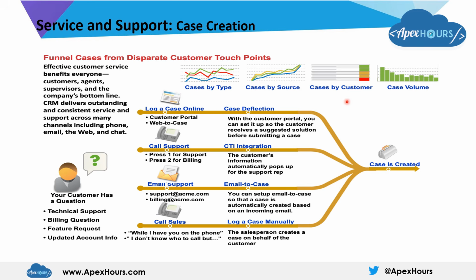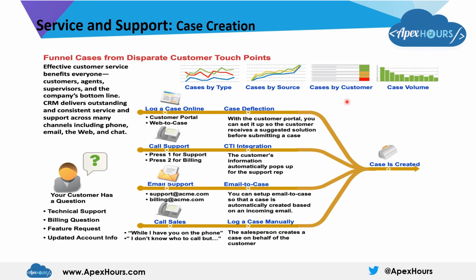This helps to understand how many cases were created by which customers, which customer created the maximum number of cases over a particular time period, and what the case volume is over a particular time period. All this reporting categorization will help the agents to support the customers better, to understand the productivity of the agents and to make the customers happy.